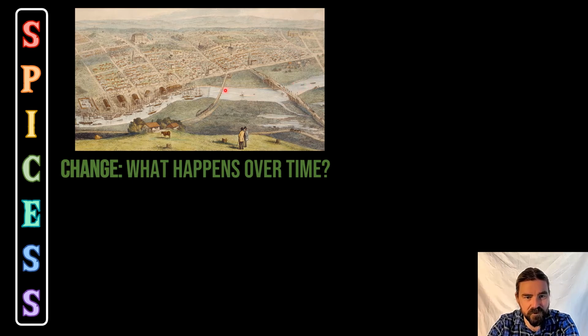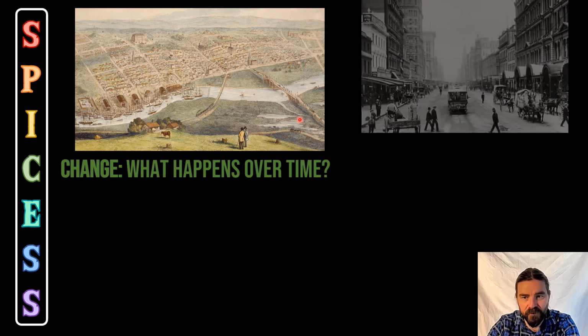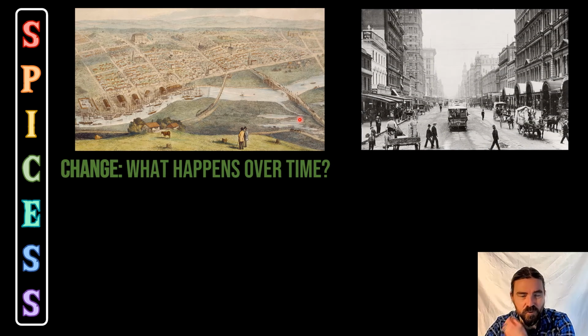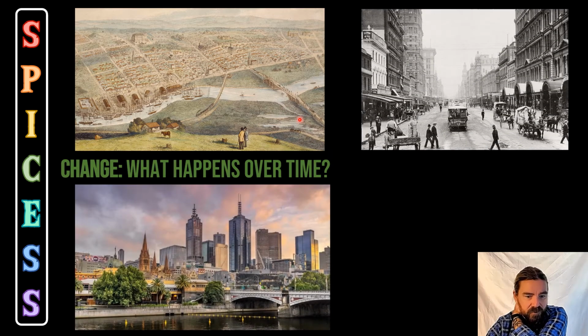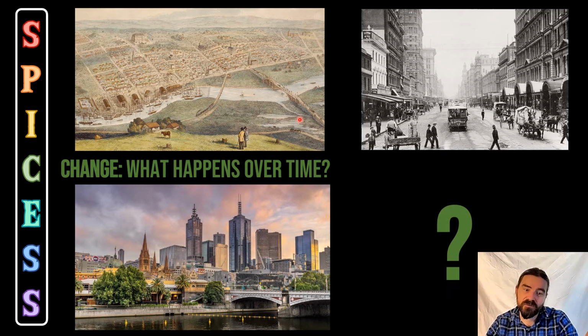I'm assuming that's the Yarra, and that would be Princess Bridge, Swanston Street. Yeah, awesome. And then over time, we've got heaps more buildings, and then we've got modern Melbourne, and then what's going to happen in the future? Who knows? So that's change. Change is thinking about how something in geography changes over time.